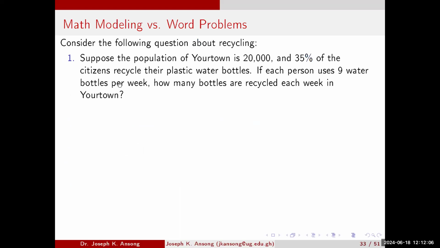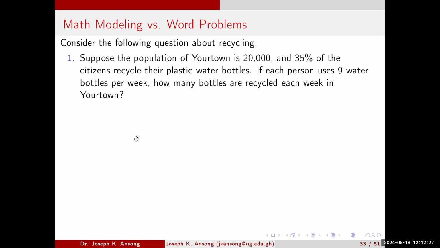This first question says, suppose the population of your town is 20,000 and 35% of the citizens recycle their plastic water bottles. If each person uses 9 water bottles per week, how many bottles are recycled each week in your town?